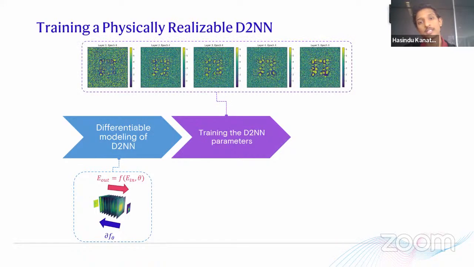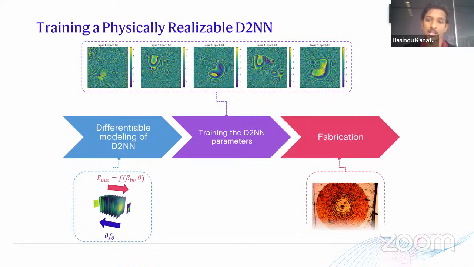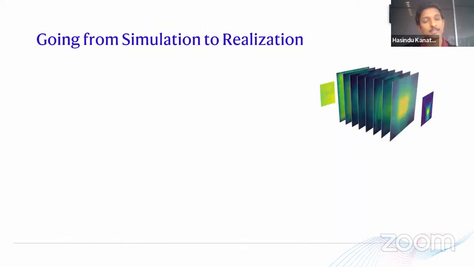Then after the modeling, we can train the optical parameters of the D2NN to perform a given task. And finally, we can do the fabrication after training these parameters. So this is going from the simulation, that is, from the trained network to the physical realization.